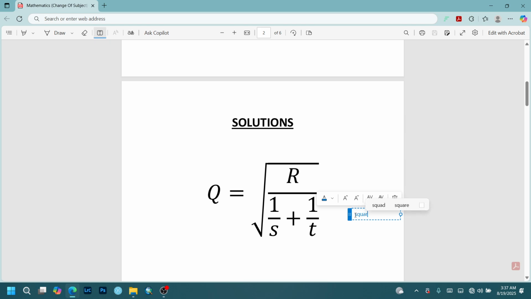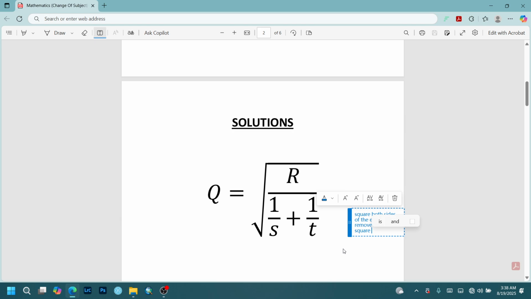So you square both sides of the equation to remove the square root, right?